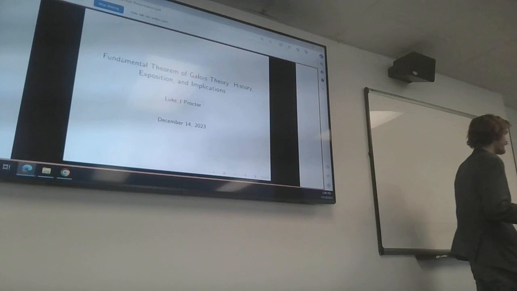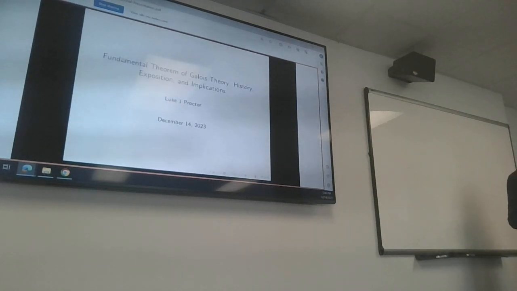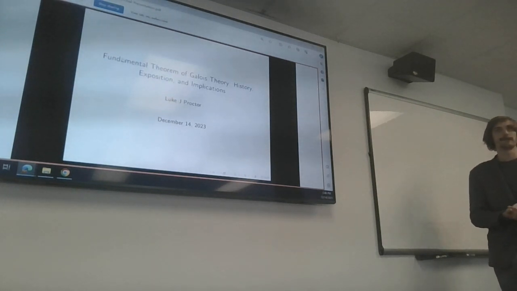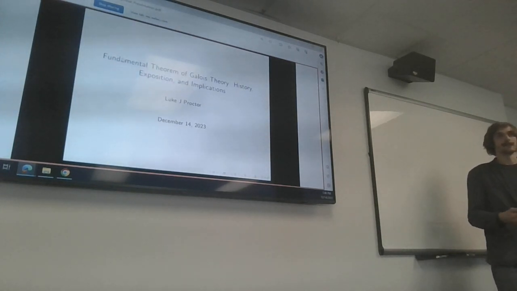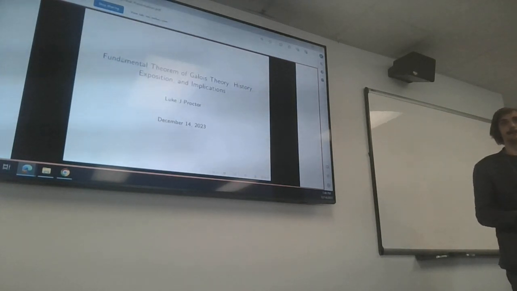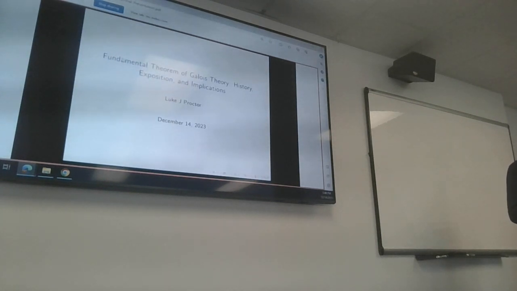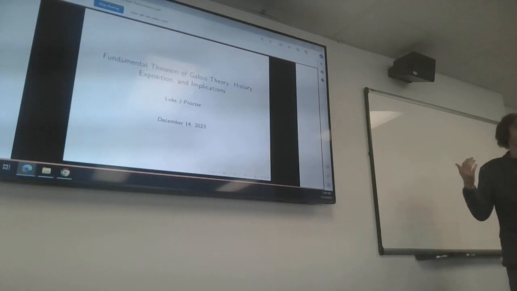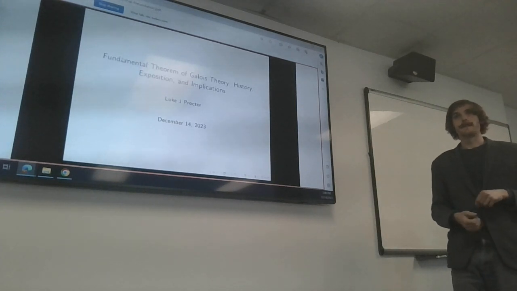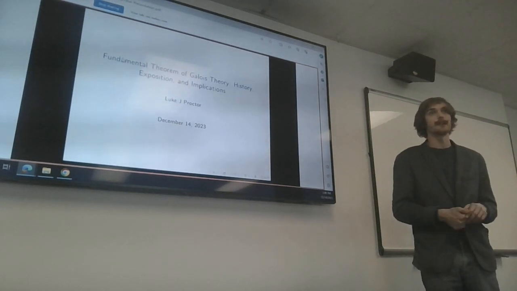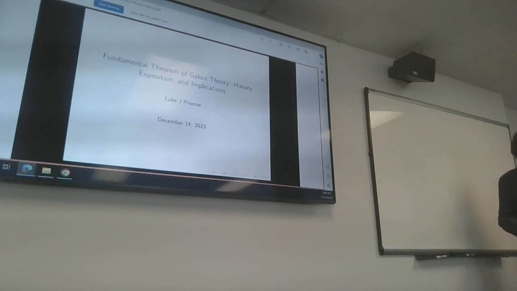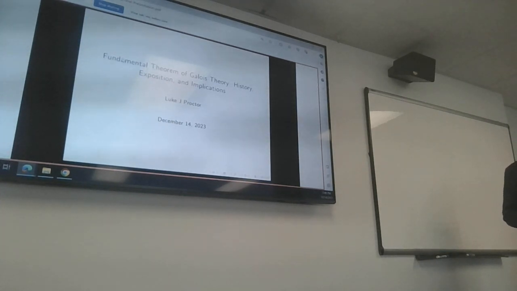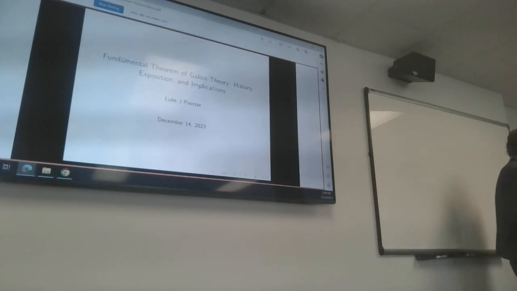Then I'll give a quick overview of some topics in abstract algebra that are necessary for understanding Galois theory. Then I'll talk a little about the Galois correspondence, the fundamental theorem of Galois theory. And then I'll briefly touch on some different aspects of mathematics that Galois theory helps us find out more about.